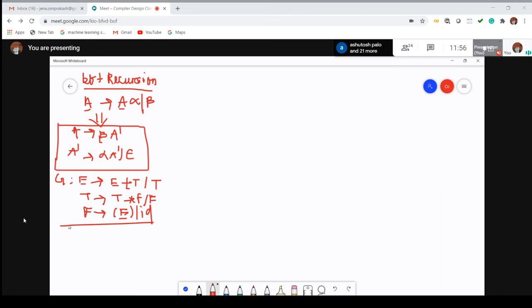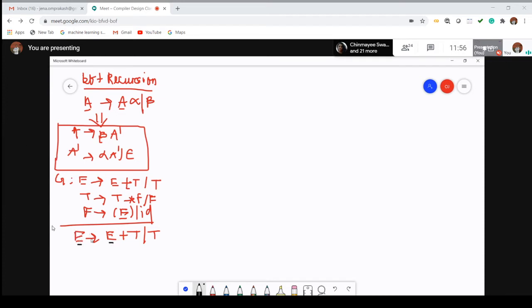For the first production, what is it? It will be E to E plus T or T. Now you can easily check the left hand value here, which is equal to E. This value is the same as the first element of the right hand side.